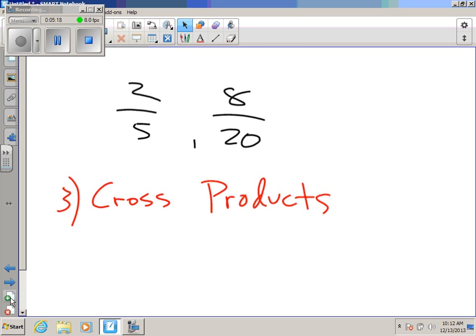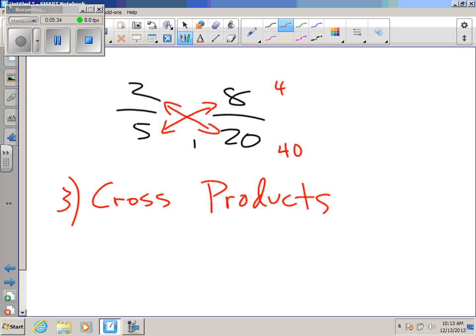Answer to a multiplication problem. So, if I would go diagonally and multiply 2 times 20, Josiah, what would I get? 40. If I were to go diagonally and multiply 8 times 5, I would also get 40. If those are equal, you also have a proportion between those two ratios. Okay? It will always work that way.